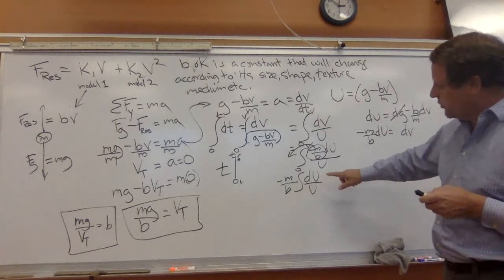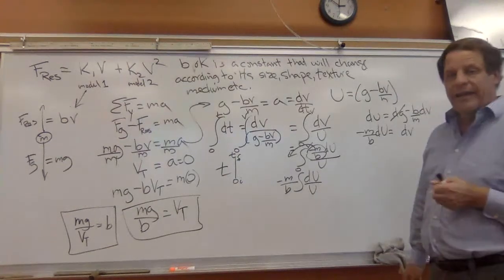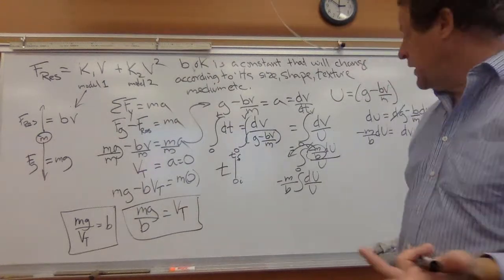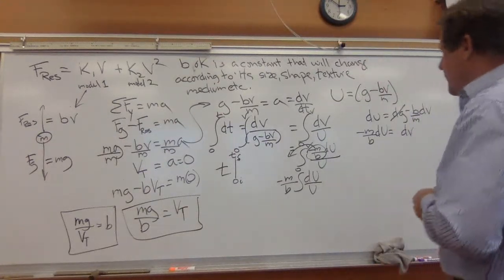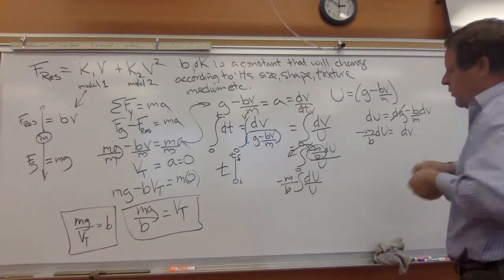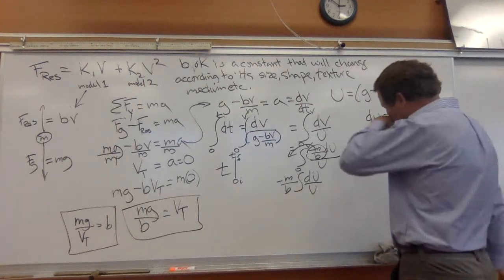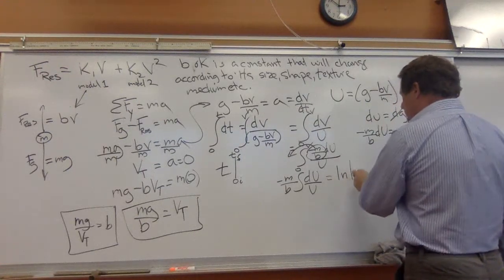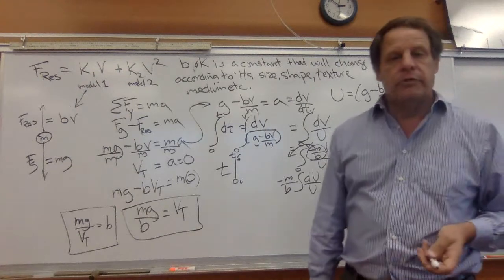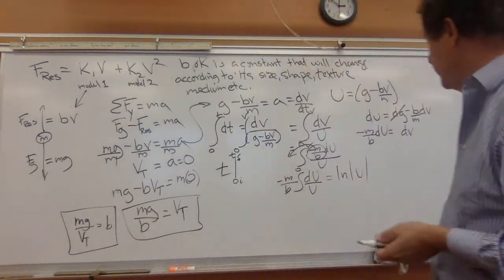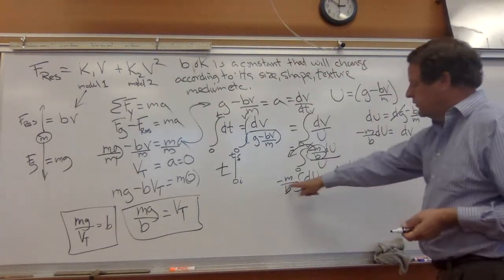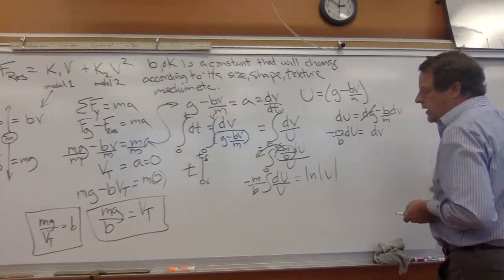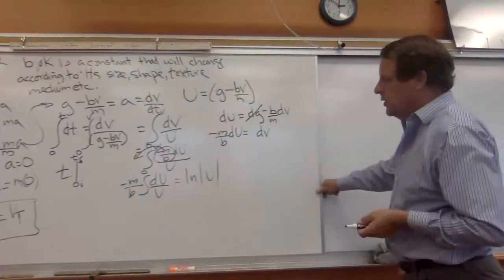But if you have the differential of u over u, we're going to end up with a natural log function. So when we take the integral of this, that is going to give us the natural log of the absolute value of u. And then we're also still going to have this negative m over b.